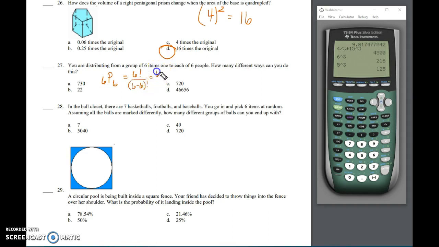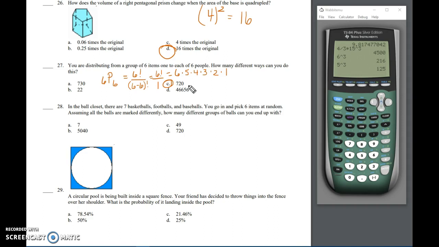And that's going to give me 6 factorial over 1. And that factorial means that I multiply 6 times 5 times 4 times 3 times 2 times 1 all the way down the number line. And that comes out to 720. So there are 720 different ways that I can distribute 6 items to one of 6 people.